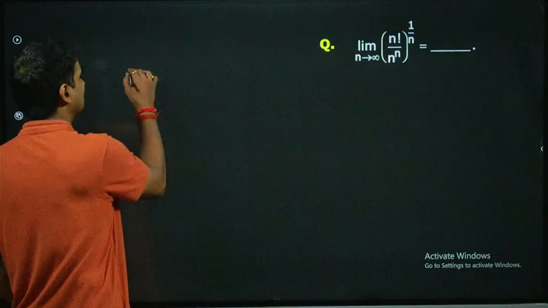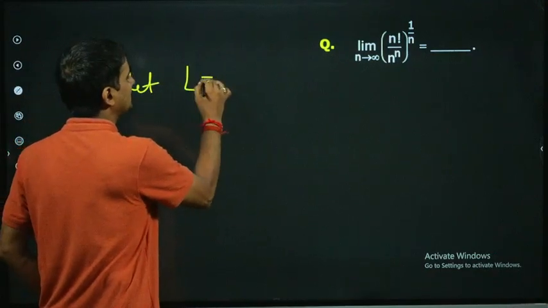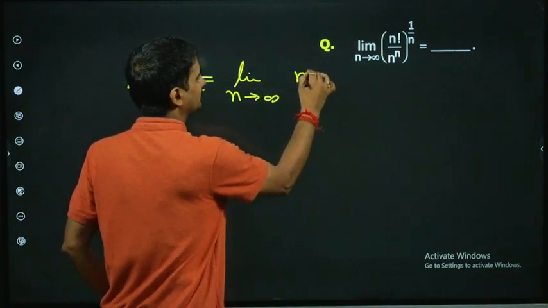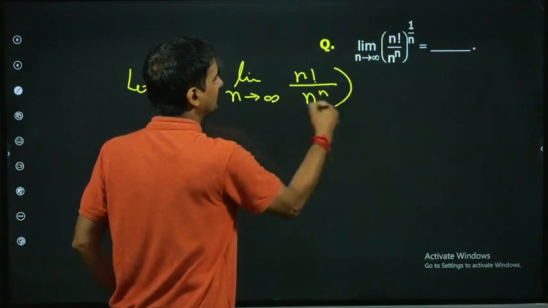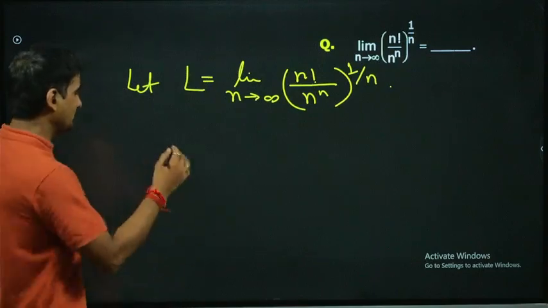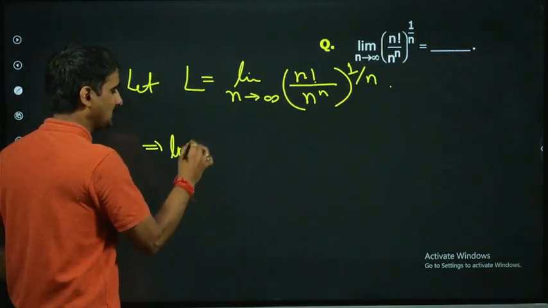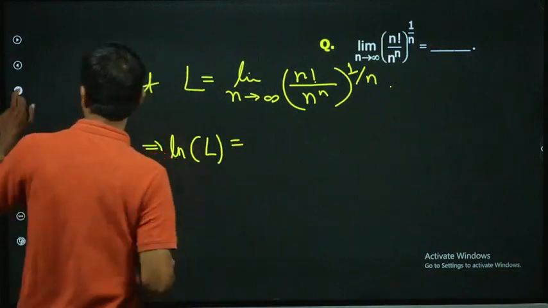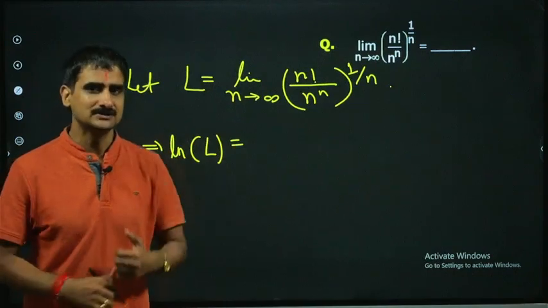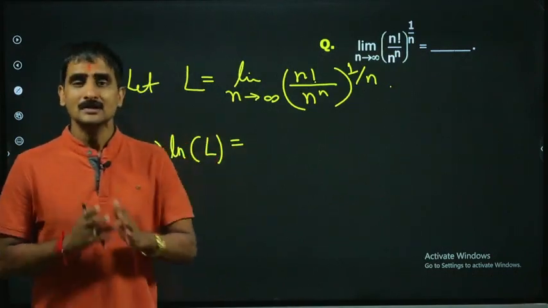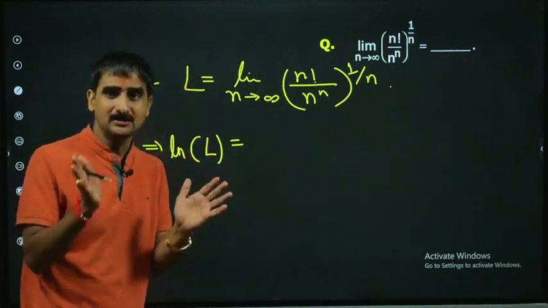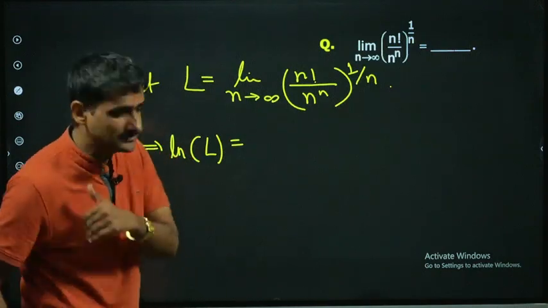So let's start. Let L be the limit, the limiting value of this expression as n goes to infinity. Now taking ln both the sides, what will we get? ln of L is equal to, since ln means natural log, log to the base e, and since log is a continuous function, log and limit can interchange their position.